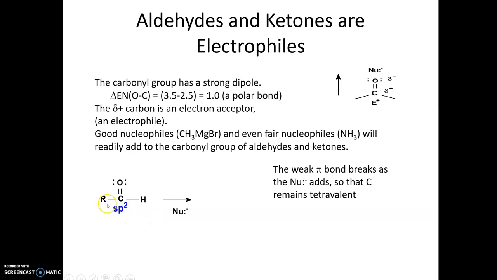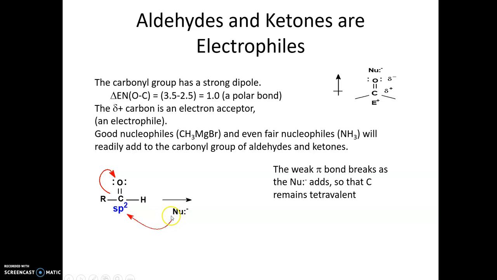Coming to the nature of the bonding, the carbonyl group is sp2 hybridized, and because of the higher electronegativity, the electrons are drawn more towards the oxygen, making the oxygen partially negative and the carbon partially positive.